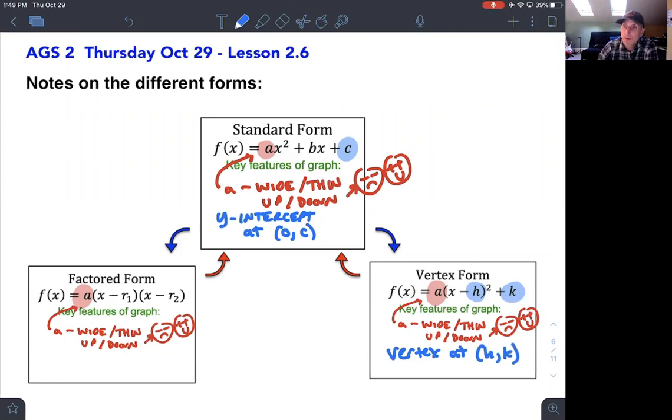And notice that H would be the opposite sign because there's a negative there. So you have to be a little bit careful with that. Now, there's one more thing. Factored form tells you about the parabola that we're going to learn on Monday, okay? In the meantime, we're going to be tackling something else before we get to that.